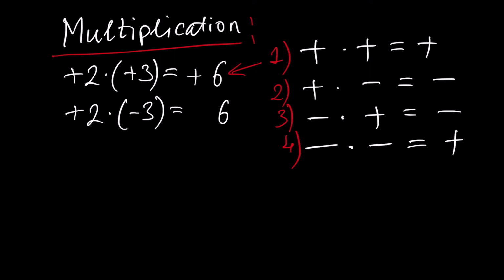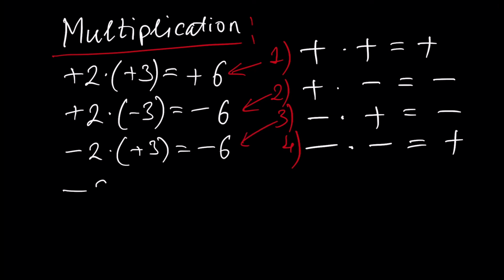It will be 6. And then, since plus times minus is minus, we have minus 6. And minus 2 times plus 3 is again minus 6.